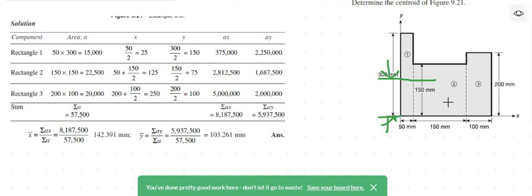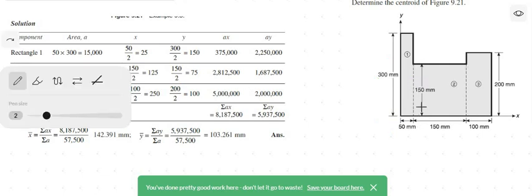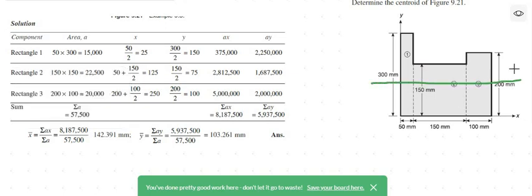Next is the second rectangle. Draw the local axis. From the local centroidal axis to the reference axis, what is the distance y2? This whole distance is 150, so 150 by 2.